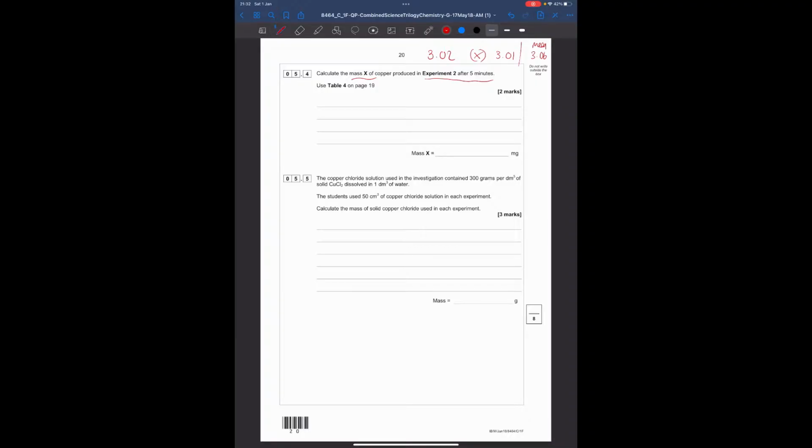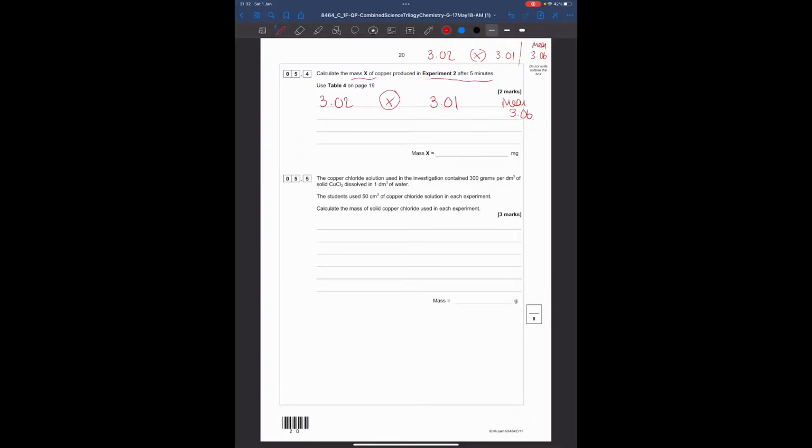So if I know experiment 1 was 3.02, I know that experiment 2 is what I'm figuring out is X, experiment 3 is 3.01, and my mean, if I calculate it, is 3.06. So what can I do in order to find out X then?